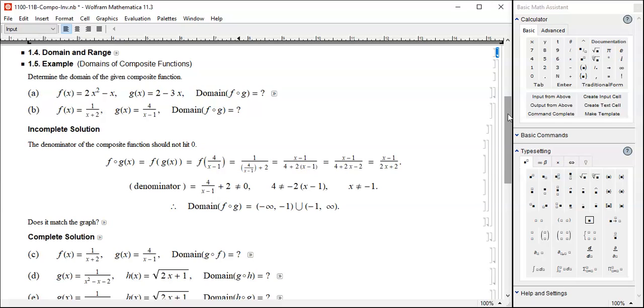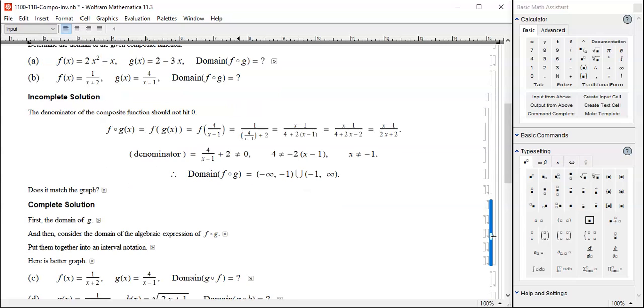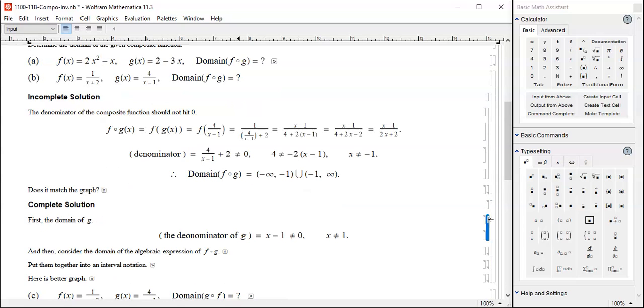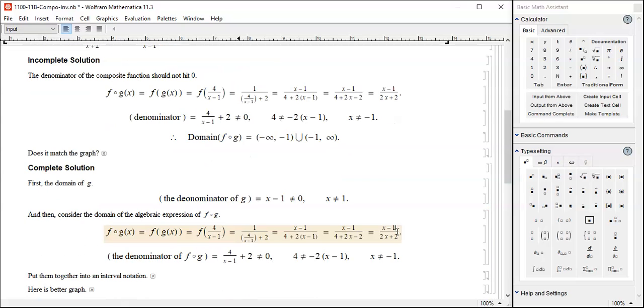So we have to consider the domain of g first. Here we go. First, the domain of g. And it's easy. x is not equal to 1. The denominator should not be equal to 0, so that's 1. And then we can consider the composite function computation, and from here we get x is not equal to -1.